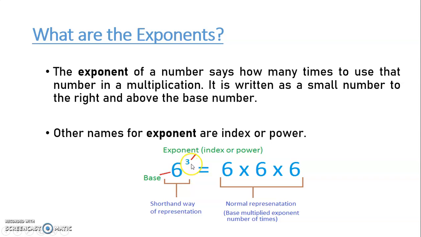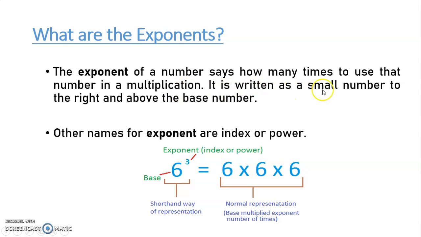Exponent is the number that is raised on the top of the other number, which is called the base, and the base is to be multiplied as many times as the exponent says. So the exponent of the number says how many times to use that number in the multiplication.